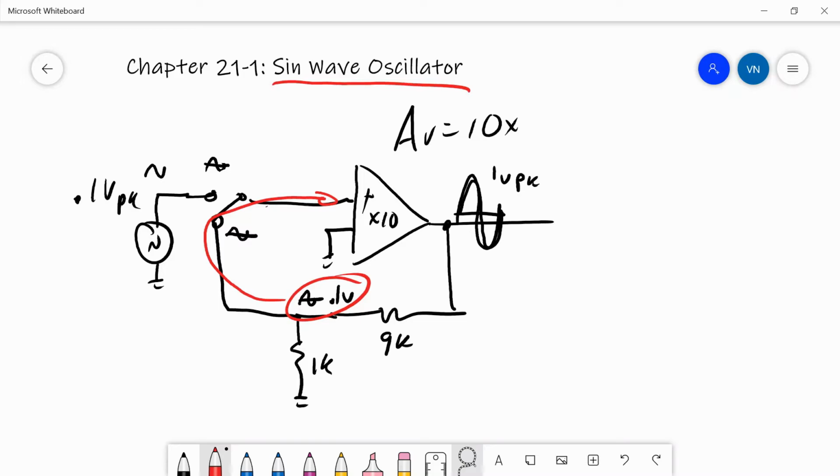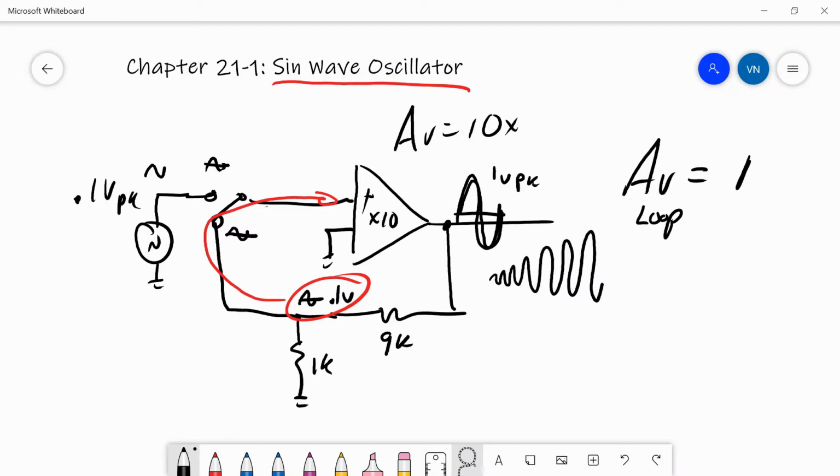Now, in order for this to work, you need 2 conditions. Number 1, the gain around the loop must be equal to 1. So the AV loop must be equal to 1. If the loop gain is too big, then the output gets bigger and bigger until finally you hit the positive and negative rails and you end up with a square wave.